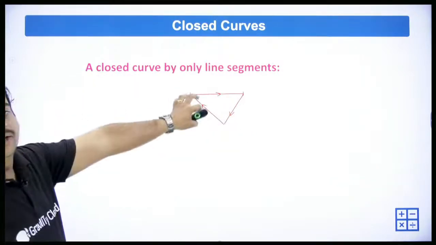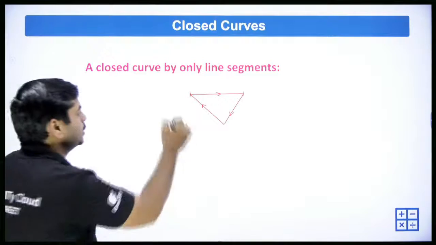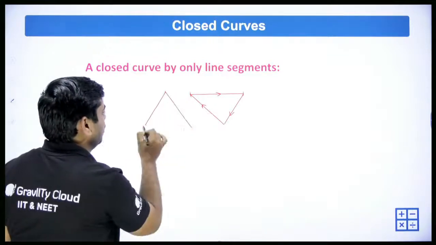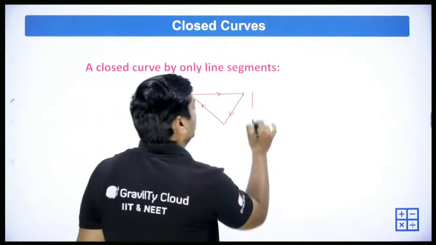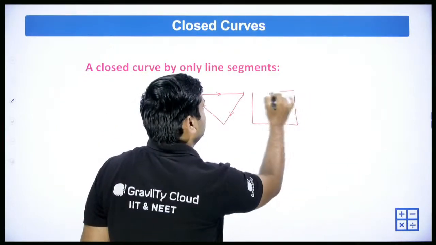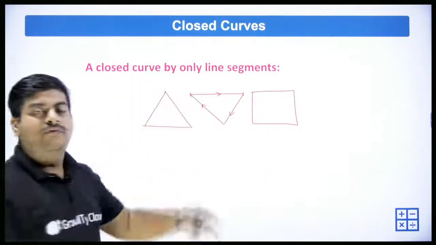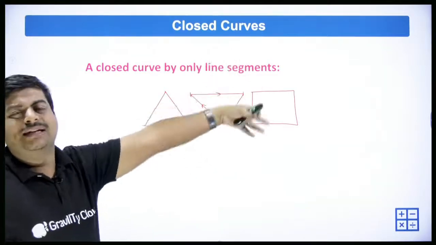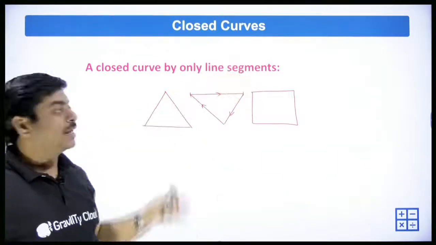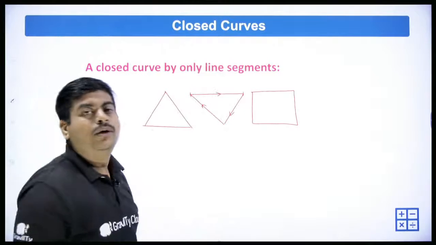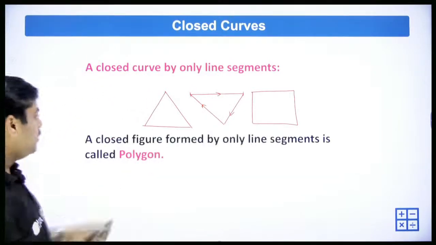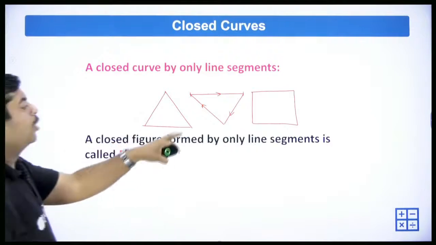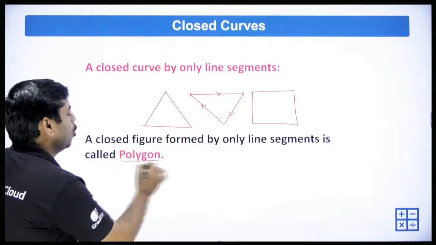It is a closed figure, a triangle. This shape is called a triangle. With 4 line segments, it is a quadrilateral. With 5, 6, n, 10, 100, whatever it is, we are only looking at closed figures made of line segments. A closed figure formed by only line segments is called a polygon.